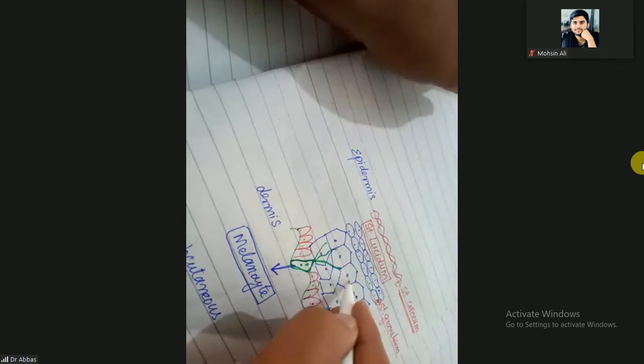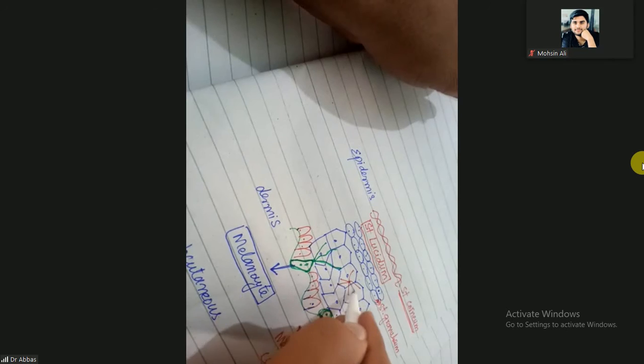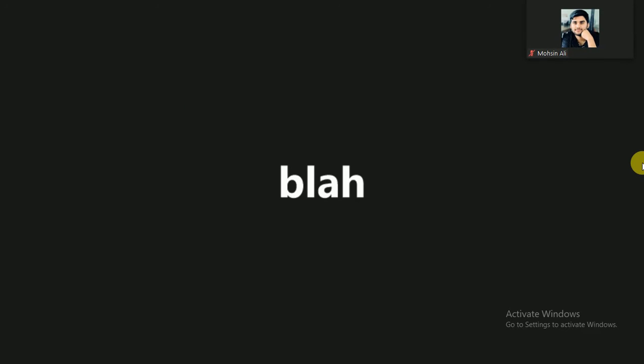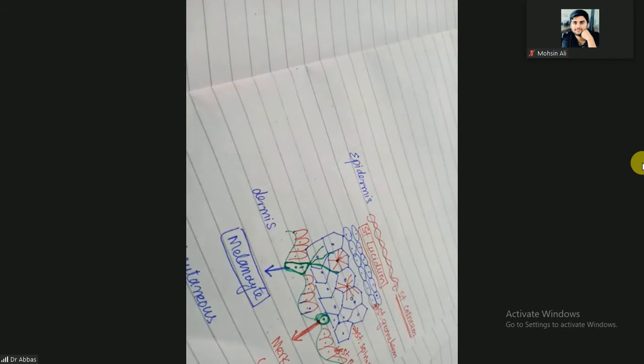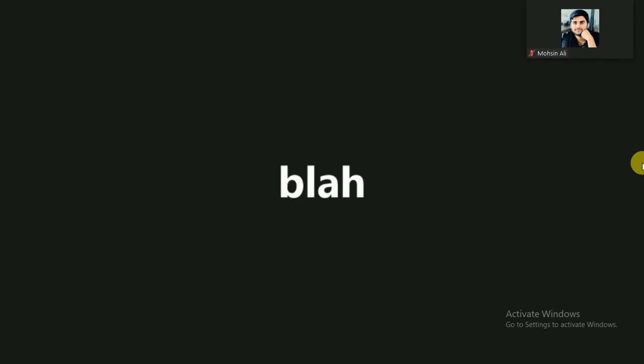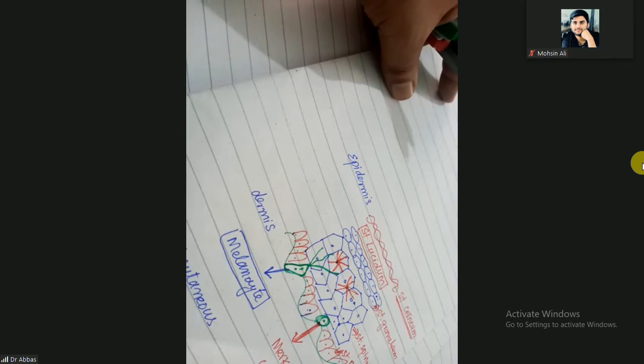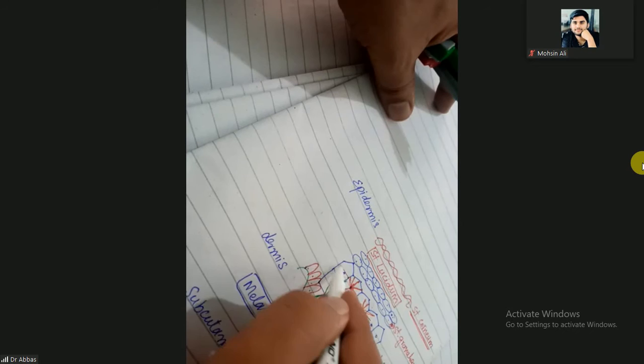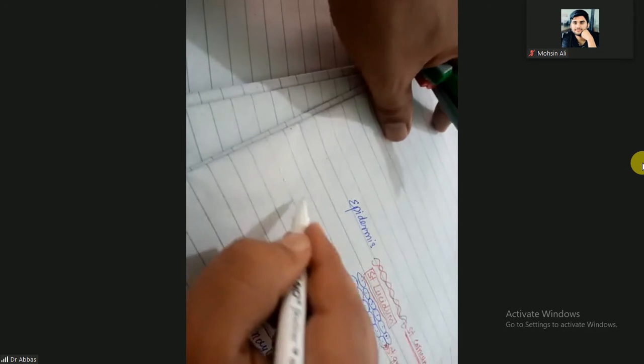So where are the Langerhans cells? In this epidermis, these dendritic cells among the keratinocytes are the Langerhans cells.